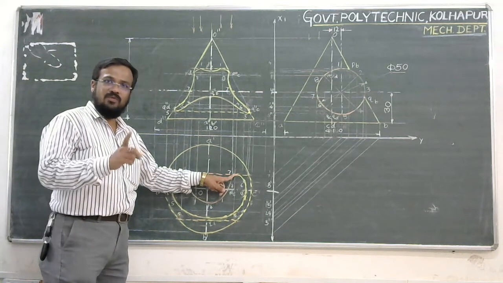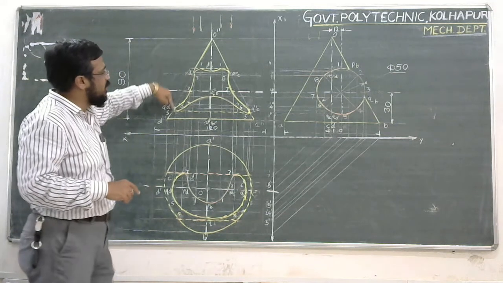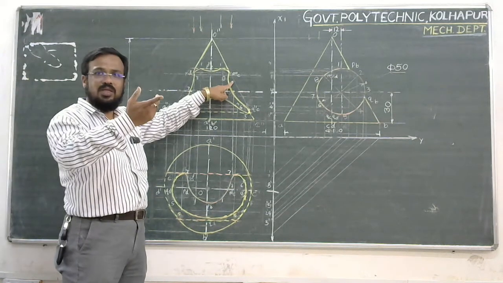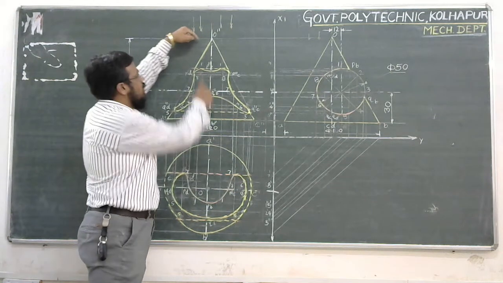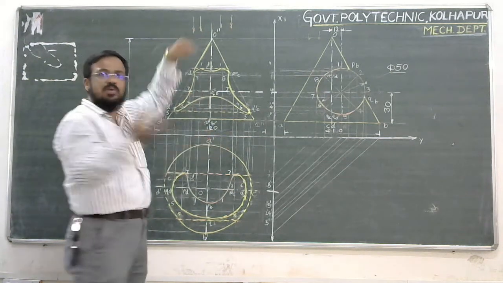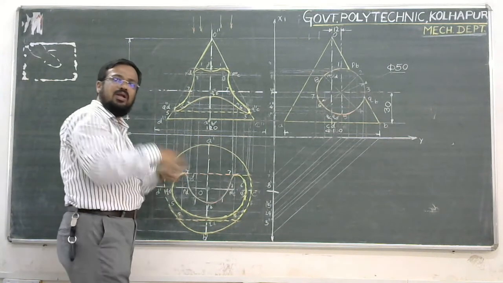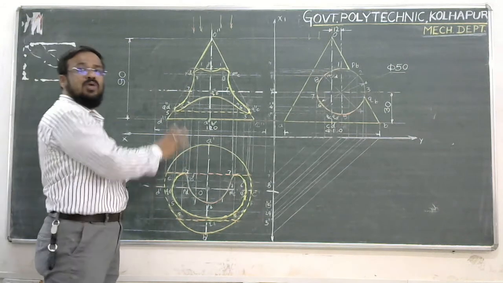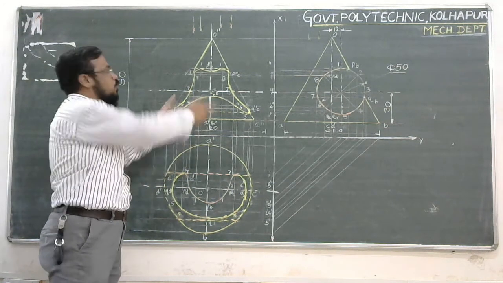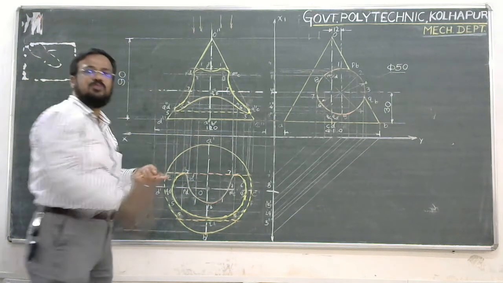So this is one way to visualize it. Another way is that you can simply observe this surface, which was not visible previously in the front view, from the top now, because we need to draw it in the top view. Now the surfaces are clearly visible to you. So this dotted line will never remain dotted; it will again convert into a continuous line. So you can validate your visibility in two ways: by taking the reference from the side view or by taking the reference from the top view.